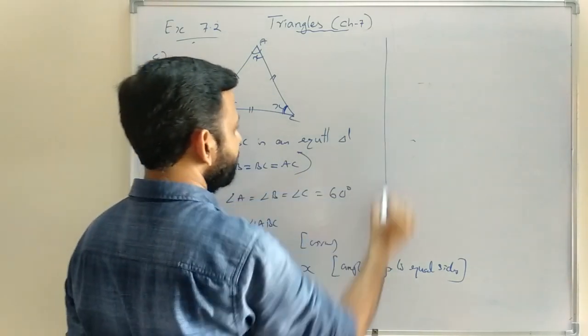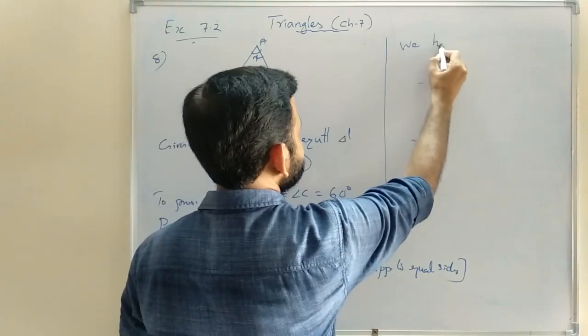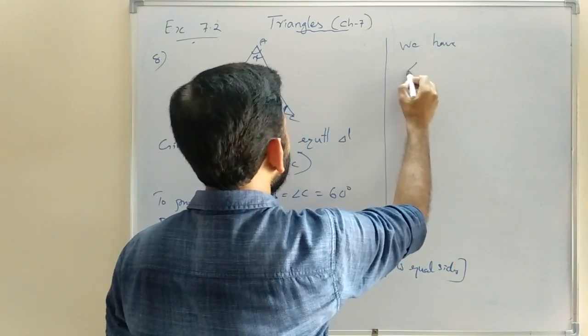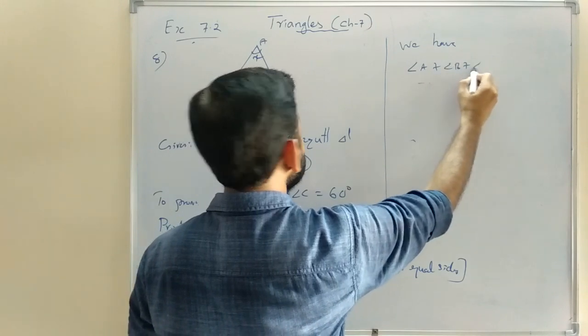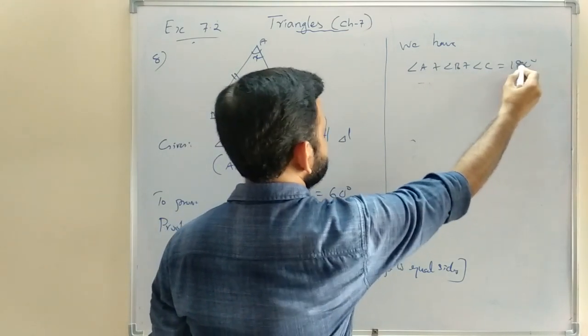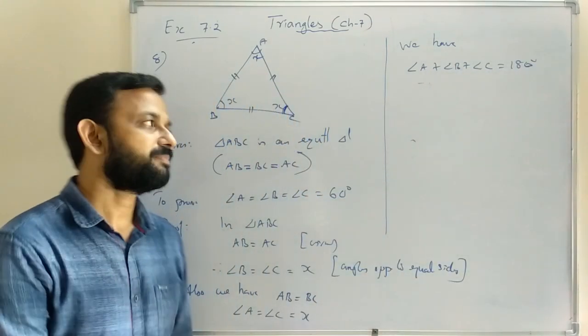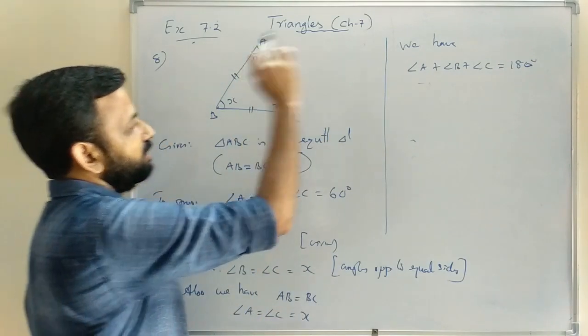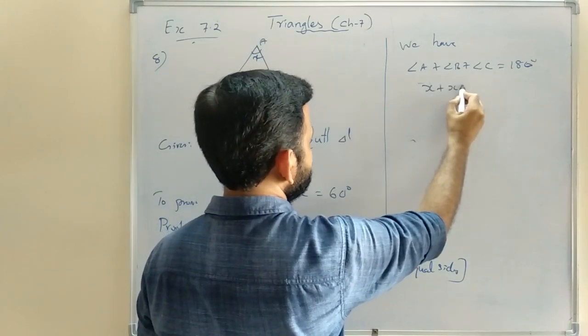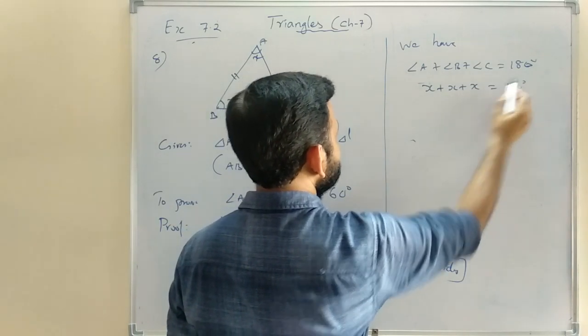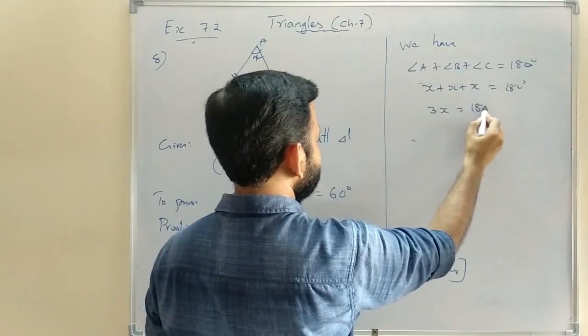Now we can use the angle sum property. Angle A plus angle B plus angle C equals 180 degrees, by the angle sum property of a triangle. Then x plus x plus x equals 180 degrees, that is 3x equals 180 degrees.